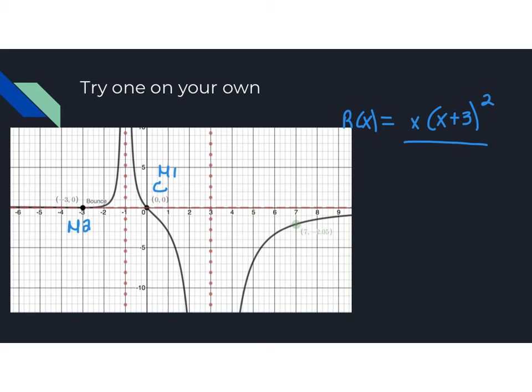I also notice I have two vertical asymptotes. When x equals -1, there is no sign change, meaning it has a multiplicity of 2. I have a second vertical asymptote when x equals 3. Again, no sign change, multiplicity of 2.